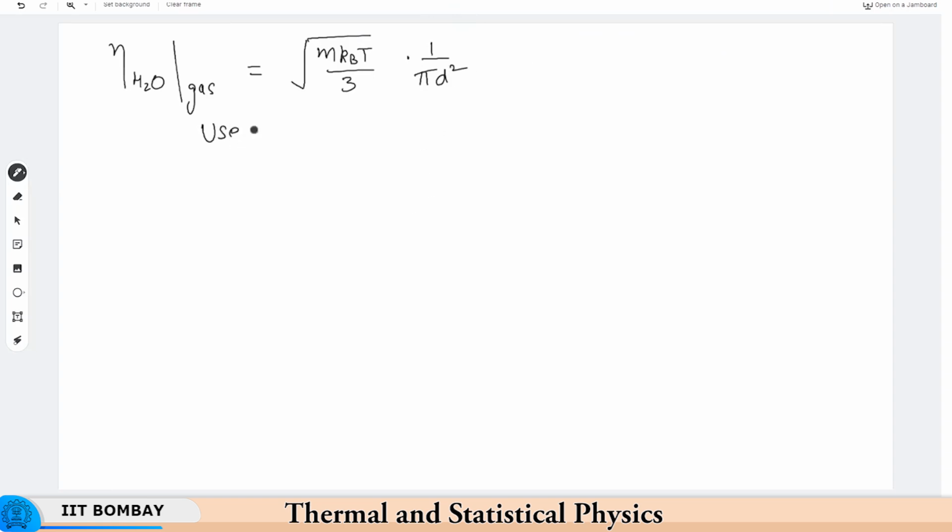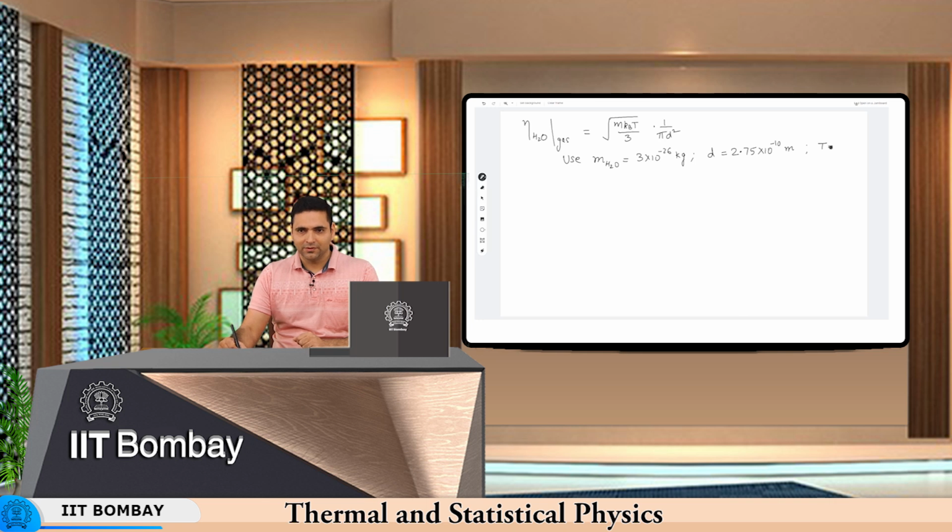If we use the mass of a water molecule to be something like 3 times 10 raised to the power minus 26 kilogram, and the size of the water molecule to be 2.75 angstrom, which is 10 to the power minus 10 meters in SI units, plug this in, use the value of the Boltzmann constant, and let us say the temperature is like 400 Kelvin, where you are in the gaseous phase, you get the viscosity of water to be around 10 raised to the power minus 5.